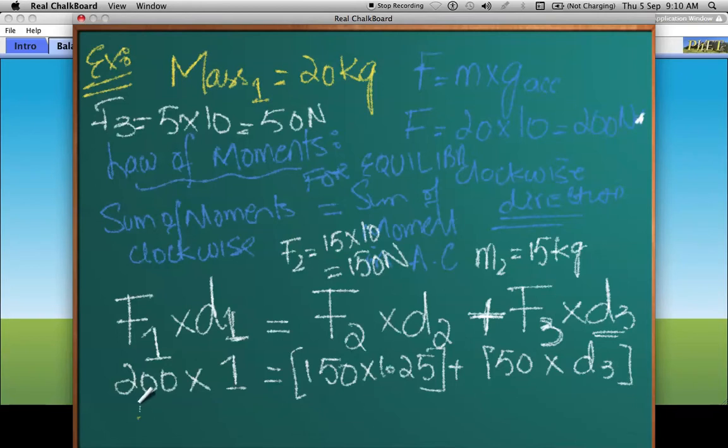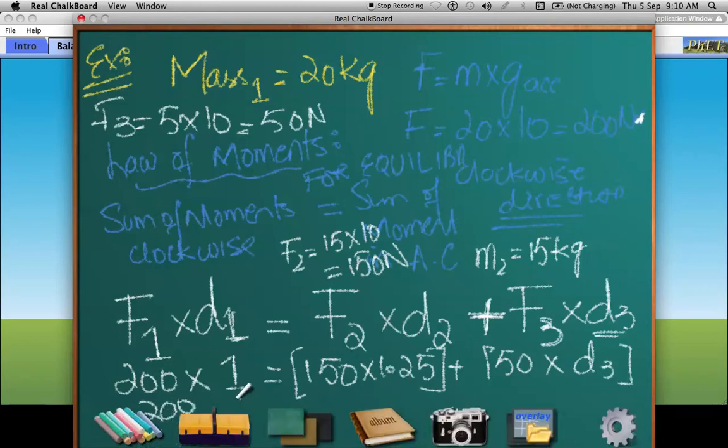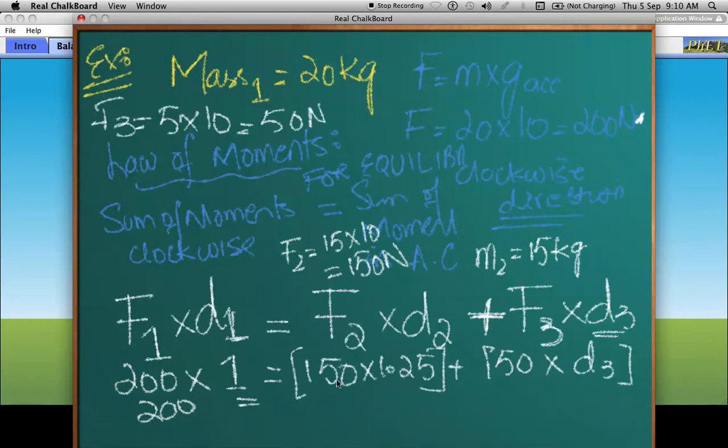So this is 200 equals 150 times 1.25. If you just find this out, this is 5 times 5 over 4, and this would give you 150 and, let's see, this would be 37.5.